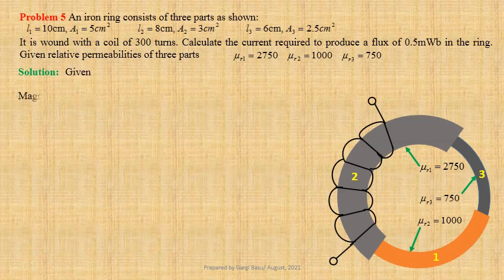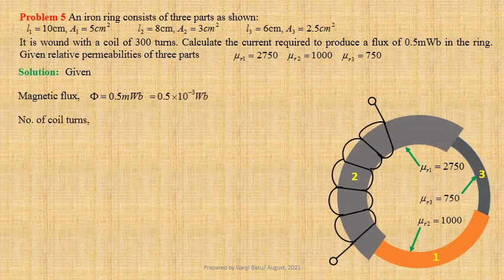Given magnetic flux phi equals 0.5 milliweber, that is equal to 0.5 into 10 to the power minus 3 Weber. Number of coil turns N equals 300. We have already computed total reluctance R equals 5.24736 into 10 to the power 5 ampere turns per Weber.